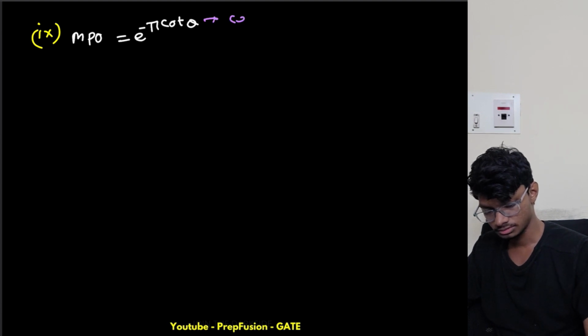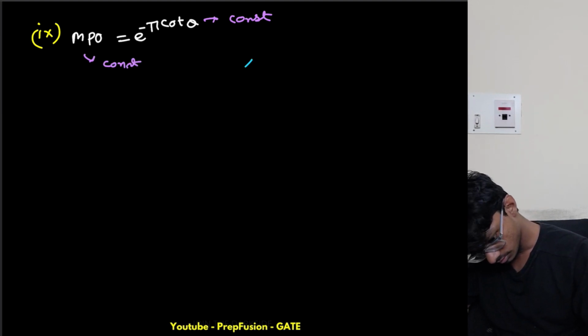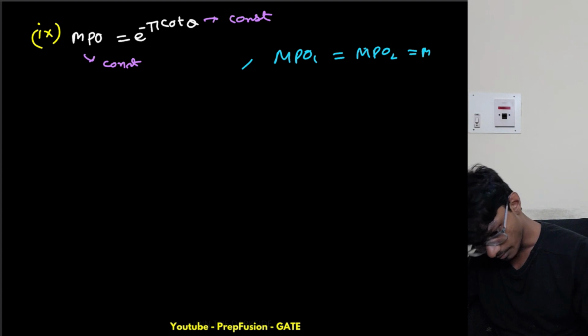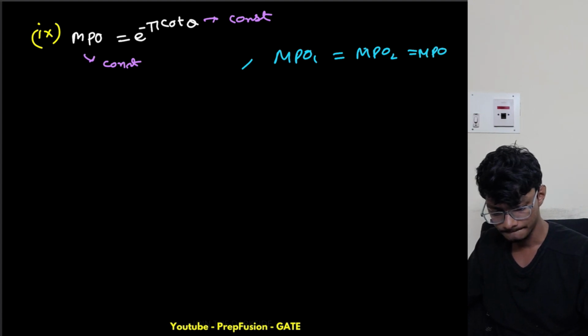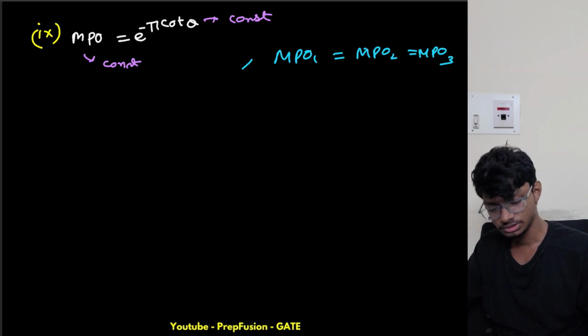Theta is constant, so MPO will also be constant. So MPO1 will be equal to MPO2, which will be equal to MPO3. Okay, this is just the basic analysis.